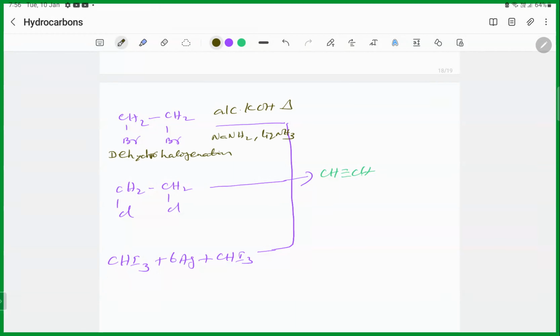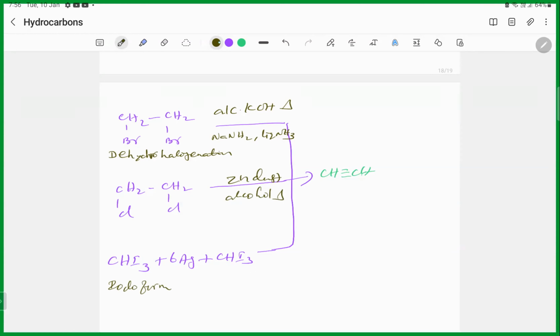This is heating with zinc dust and alcohol. Here, this is iodoform with the silver salt. You will get the acid.